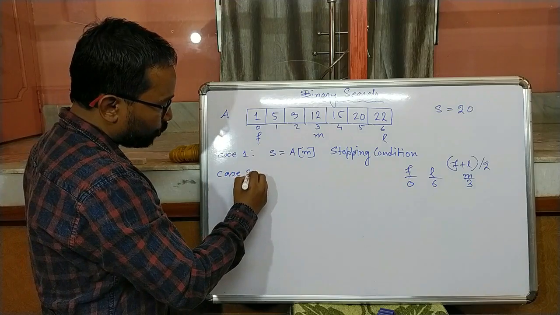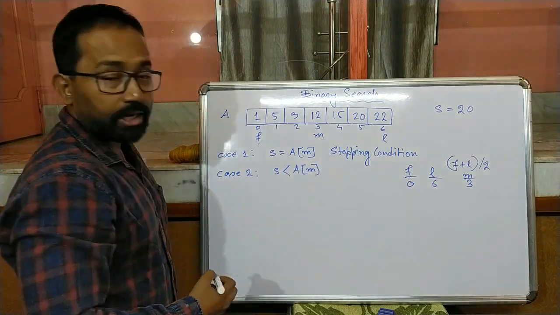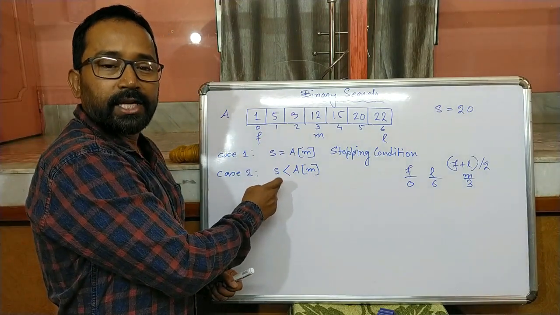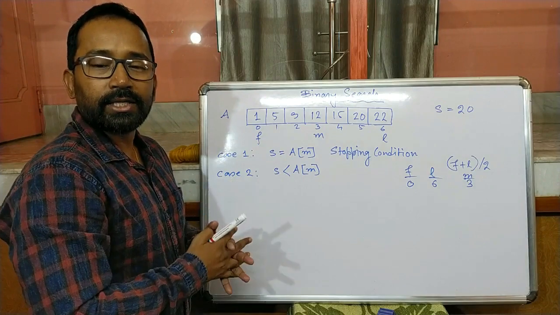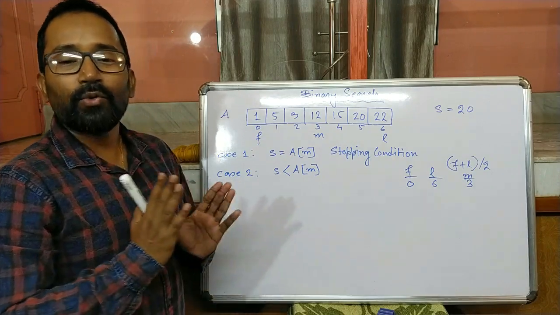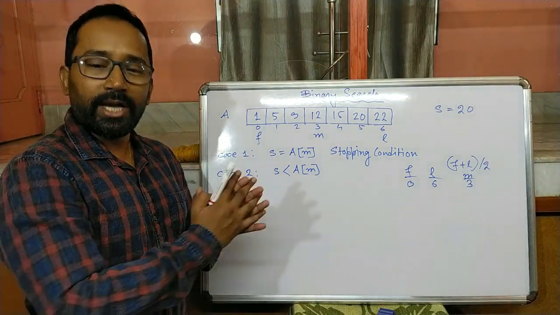That is case 2. Here S is less than A of M, meaning less than the middle element's value. If this condition is true, then the data is present before the middle element. How can we say that? Because we know the array elements are sorted in ascending order, so any value which is lesser than the value of the middle element must be present to the left of the middle element.